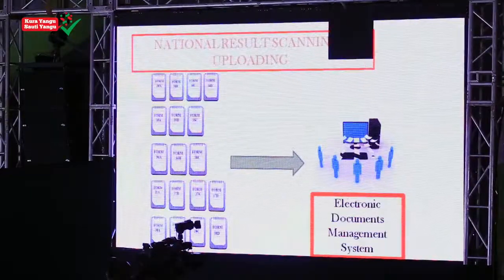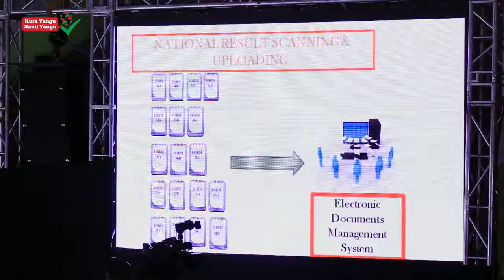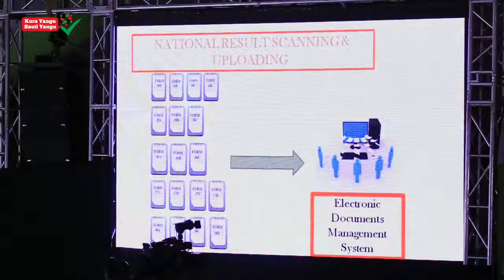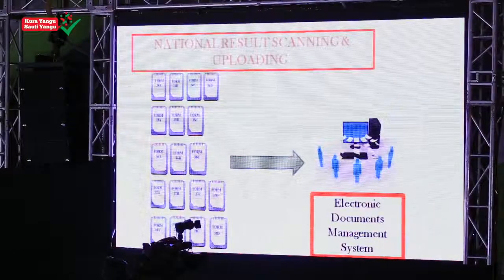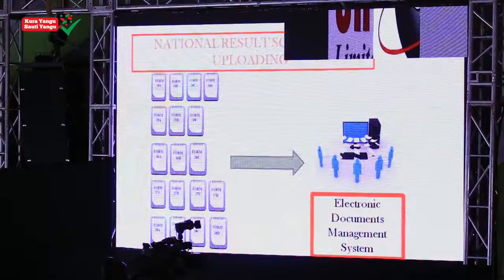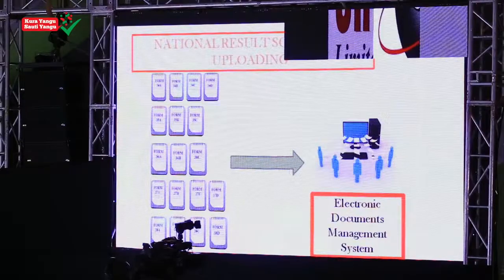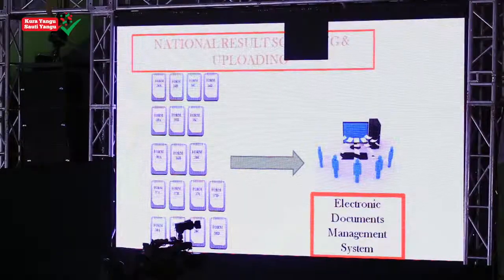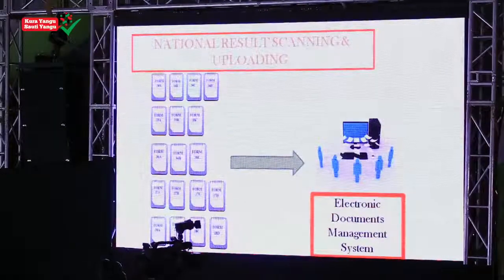And then we will then upload all the forms, including the A series, the B series, the C series, and the D series in the electronic document management system. This is a new development for purposes of enhancing accountability and for the public to be able to access information in as far as the results are concerned.